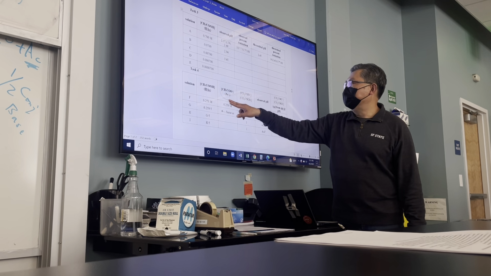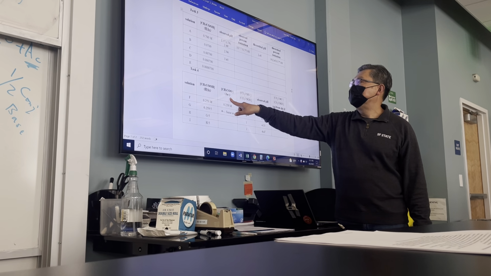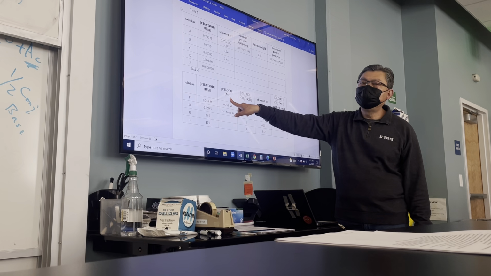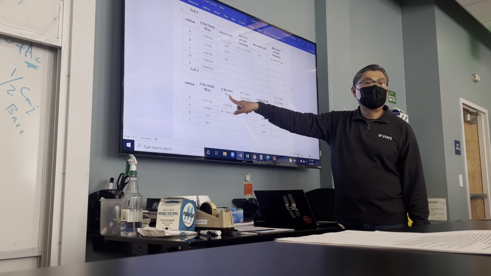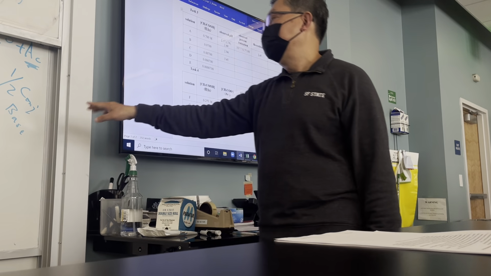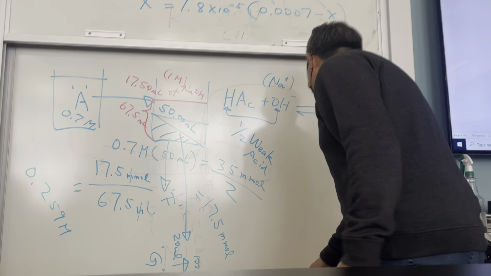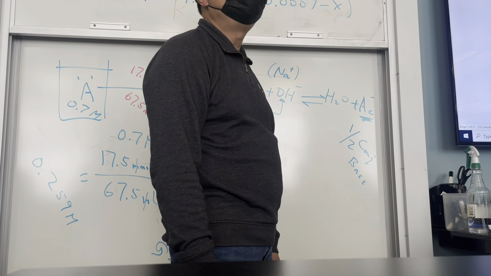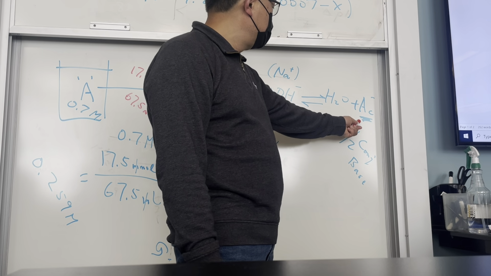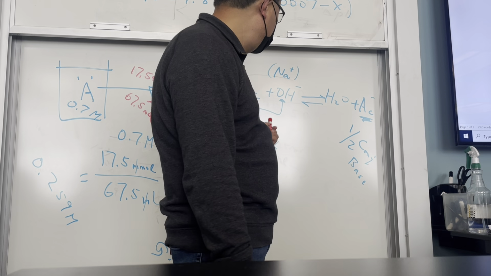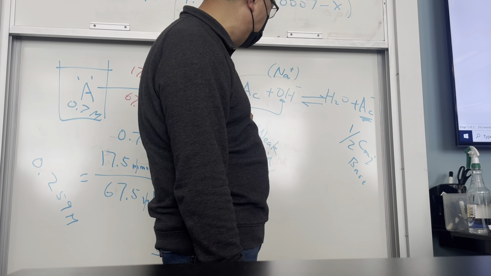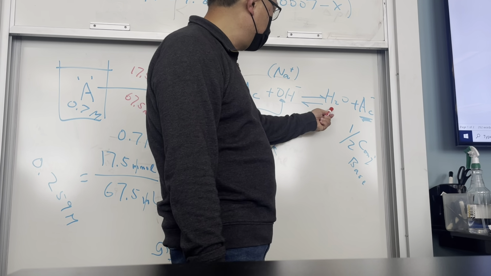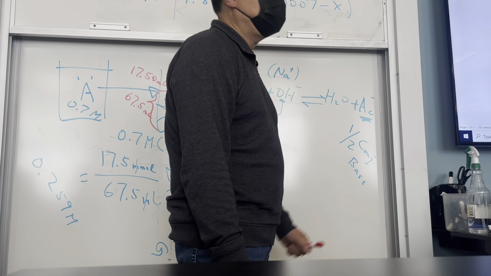Now, what about this one? That is the conjugate base. When we neutralize weak acid, we get water, and we also get conjugate base.